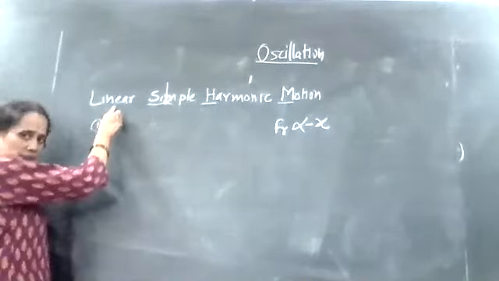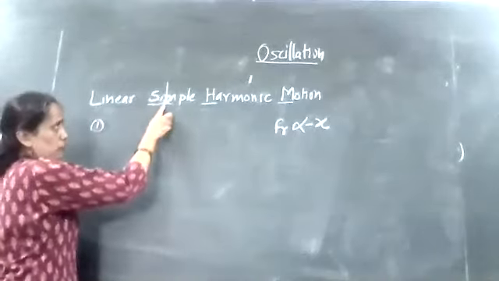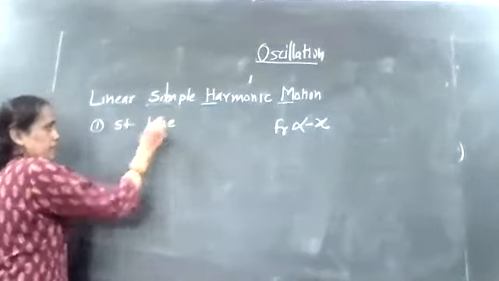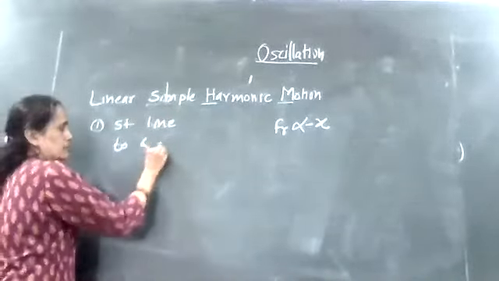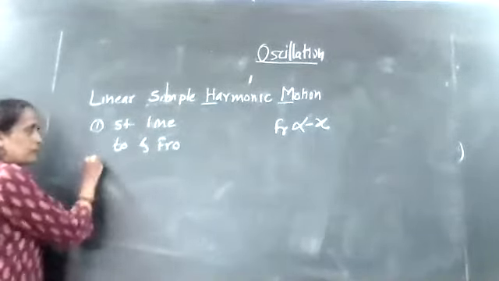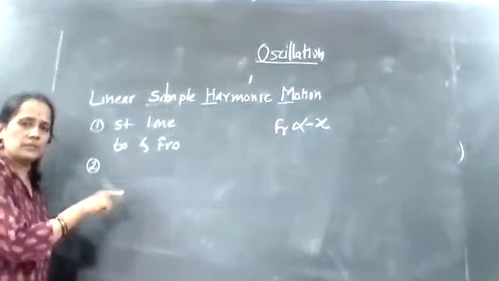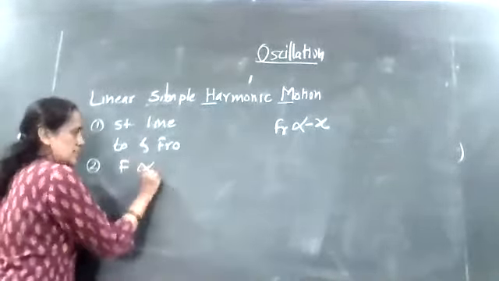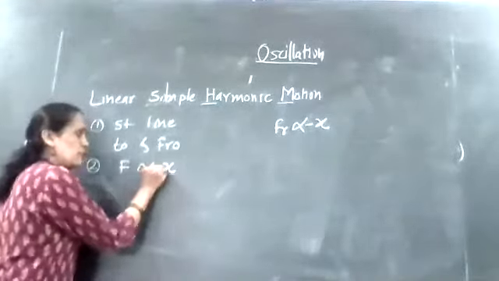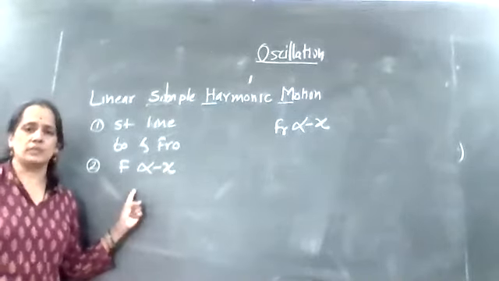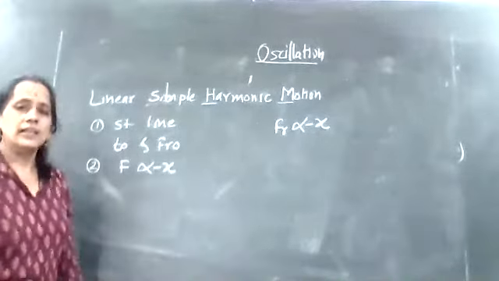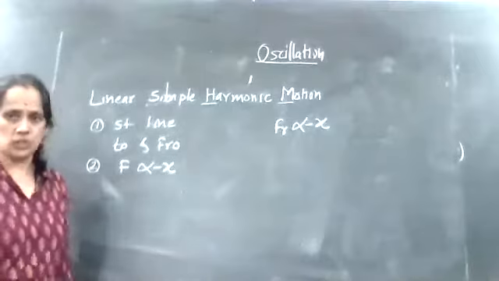Linear means the particle is performing motion along a straight line, to and fro, so that the restoring force acting on the particle is directly proportional to the displacement, but the directions of force and displacement are opposite. Such type of motion is called linear simple harmonic motion.